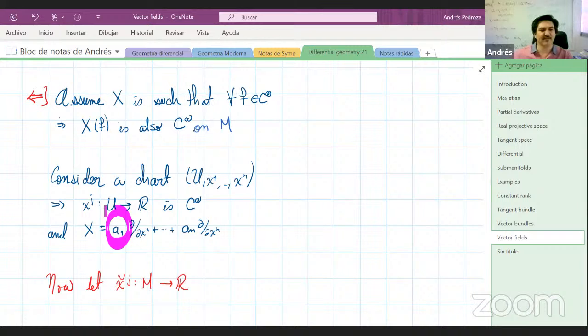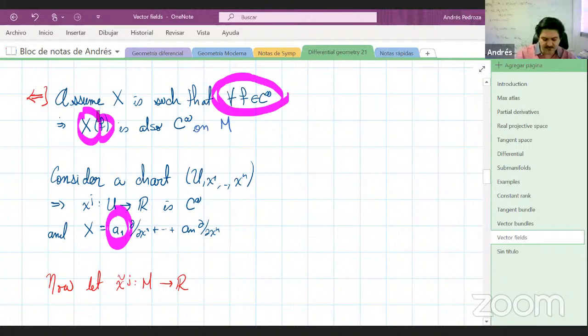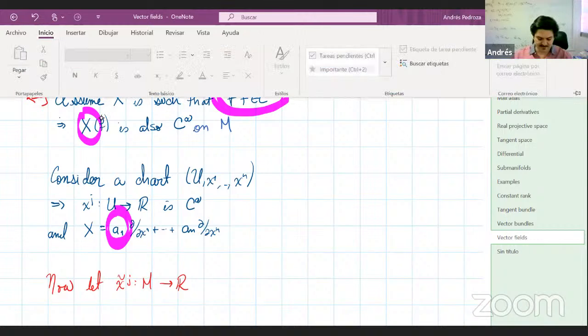And then you might think, okay, so let's evaluate at the smooth function xi. You can do that. But however, know that the hypothesis, we need to evaluate the vector field on a global function. F has to be global.